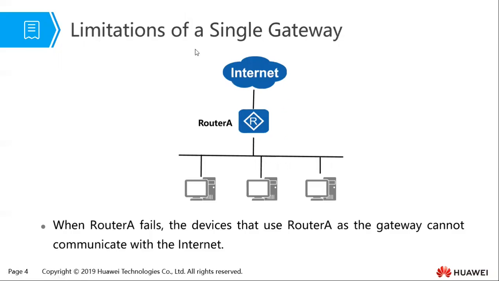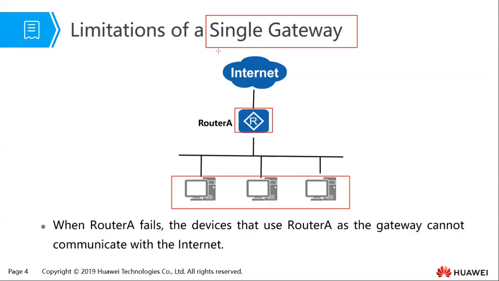One of the limitations of a single gateway is that it introduces a single point of failure. Now, just to say it again, when you're configuring these devices to be able to access the internet, you need to configure them with what we call a gateway. And the gateway is simply the IP address of that particular interface that is connecting to that network segment.